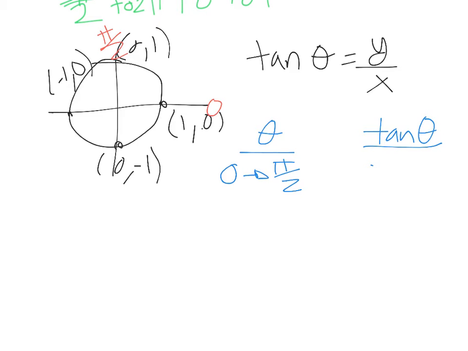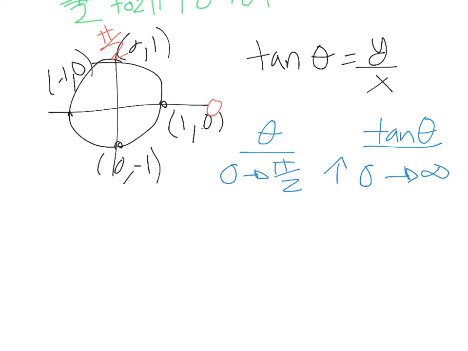So it's going from 0 to 1 over 0, which is undefined, but from what we've learned before, as the y coordinate gets bigger and bigger and the x coordinate gets smaller and smaller, this is going to go towards positive infinity. So it is definitely increasing from 0 to pi over 2.